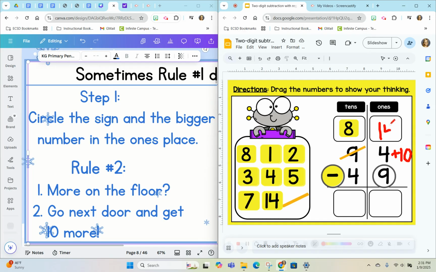We're going to have 14 ones. And so we don't have 4 ones anymore. We have 14. So we're going to subtract 14 minus 9. Everybody, what is 14 minus 9? It is 5. Now we go to our tens place. What is 8 minus 4? It is 4. So everybody should have 45.